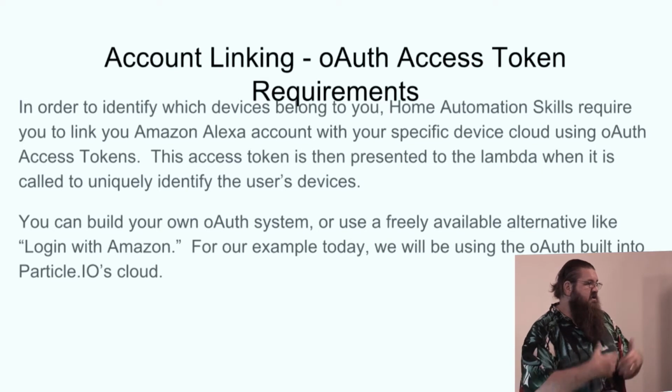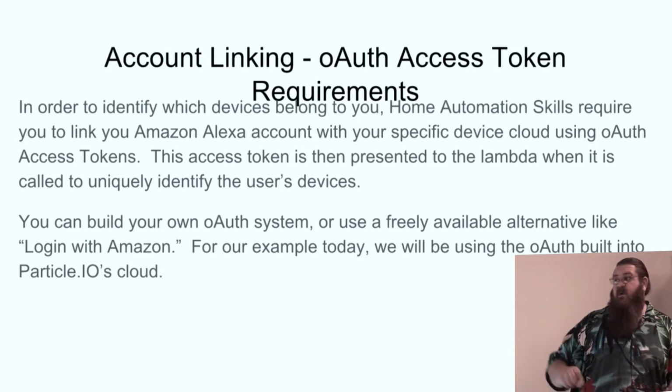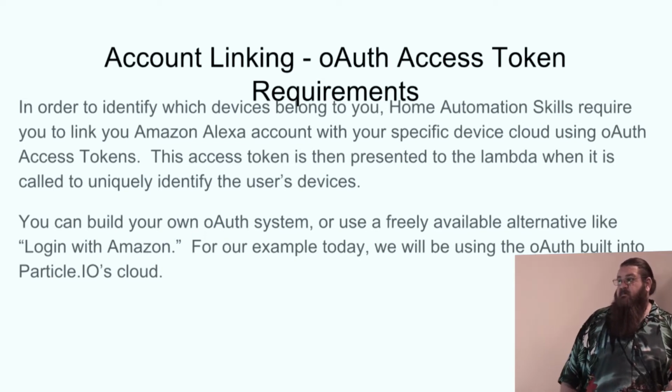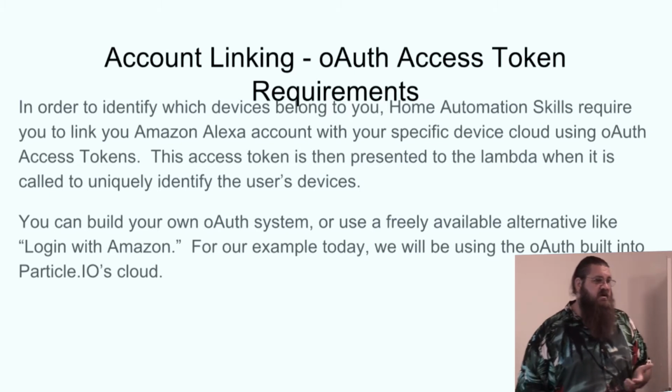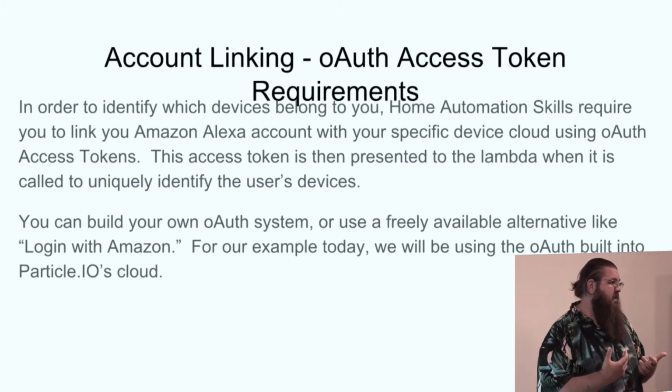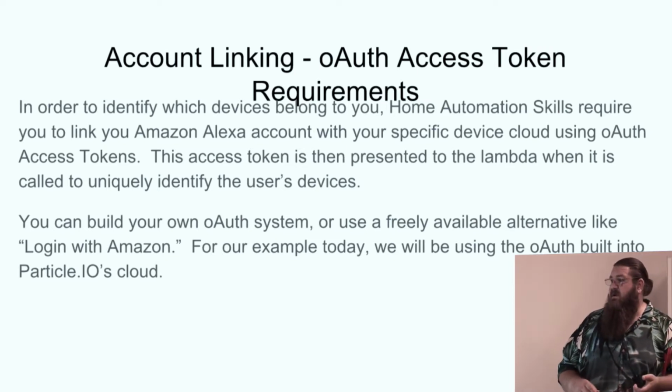So basically, you just create a Login with Amazon account, you use the keys and information in your setup, and away you go. And there's really not a need to build your own thing, especially if you're just going to do a one-off implementation for yourself.